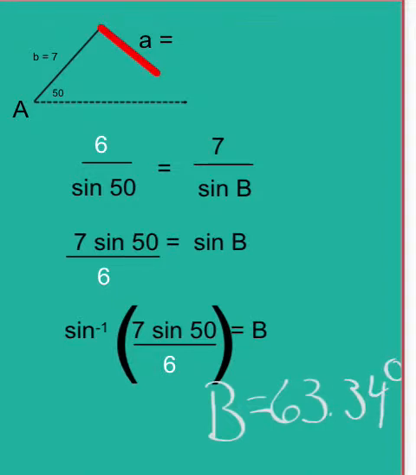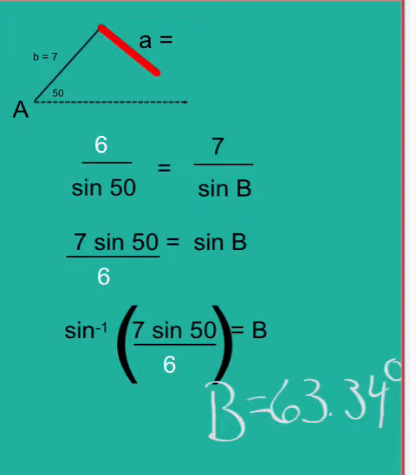Well, if b equals 63.34, we also have to take into account that the inverse sine function is only going to give us the acute angle. So it could possibly be the supplement of that. Again, sine of 30 is the same as sine of 150. Sine of 10 is the same as sine of 170.